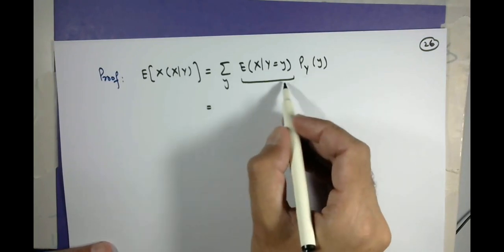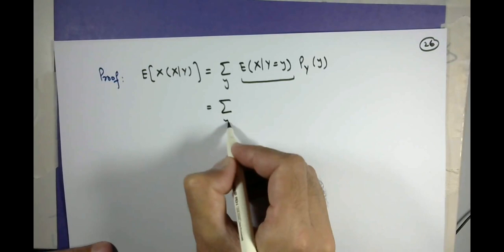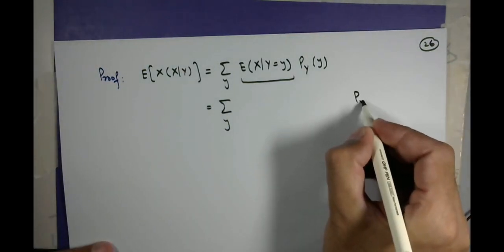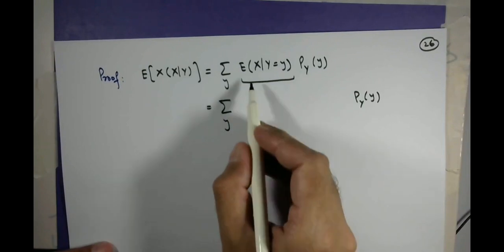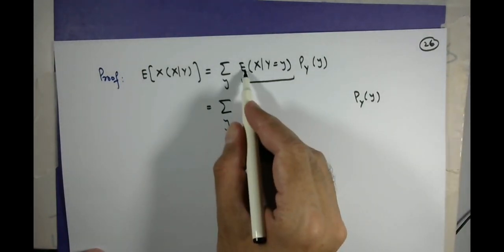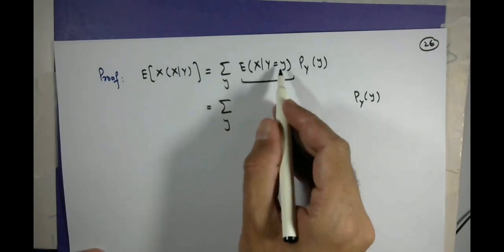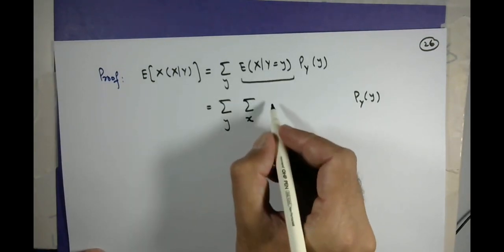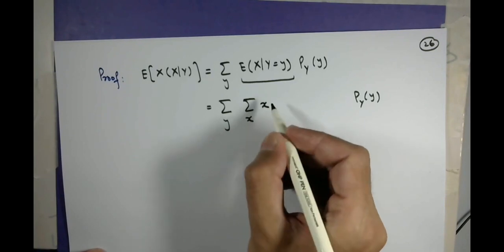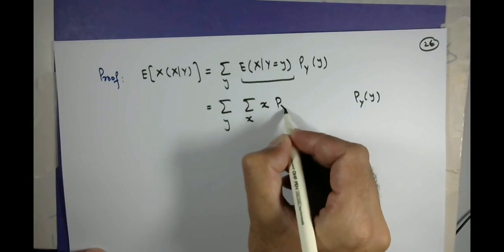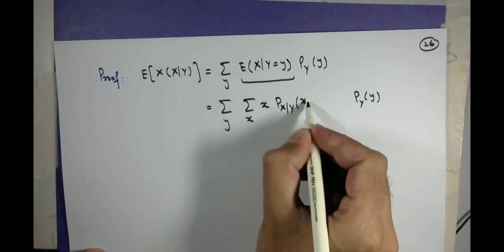So now if you open up this, summation y will stay there, this piece of y will stay there, but how do you open this? This is the expectation of x given y. So you will have summation on x, x times the conditional PMF of x given y.